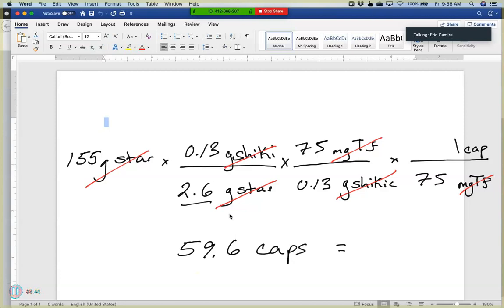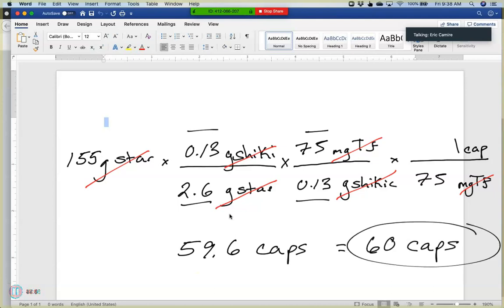Well, I'm limited to 2 sig figs in most of my numbers, so from 155 grams of star anise, which is something you'd easily buy at the store, it's not too much of the spice, you can make 60 capsules of Tamiflu.